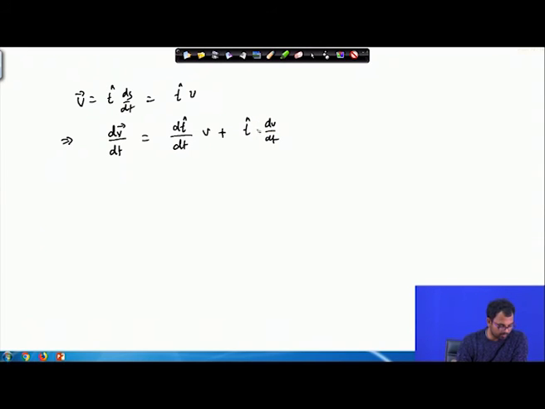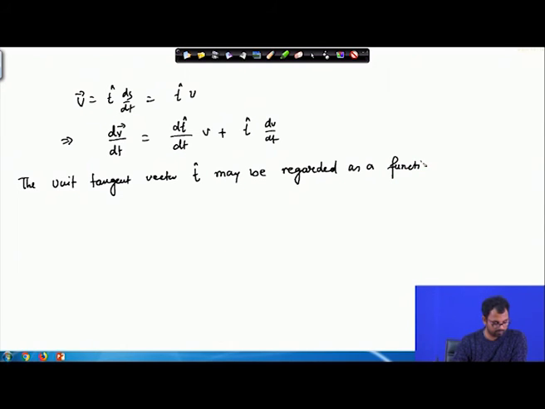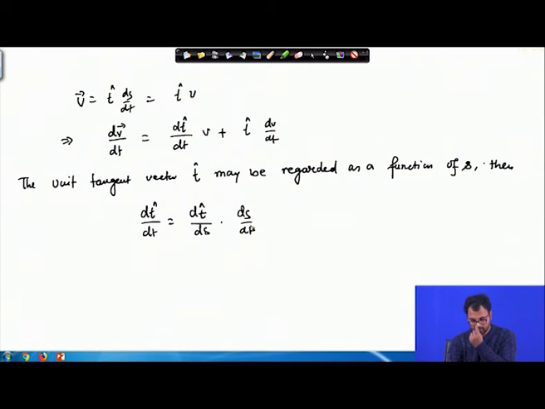Now the unit tangent vector t may be regarded as a function of the arc length s, then our dt/dt is basically dt/ds times ds/dt, right. And dt/ds is basically our kappa n from that Serret-Frénet formula, and ds/dt is our velocity v.